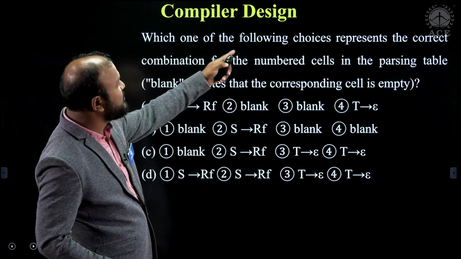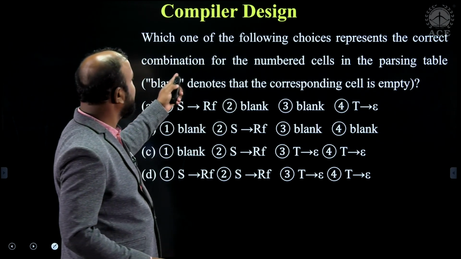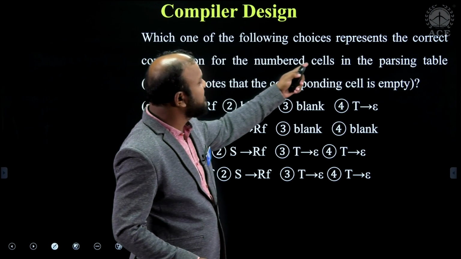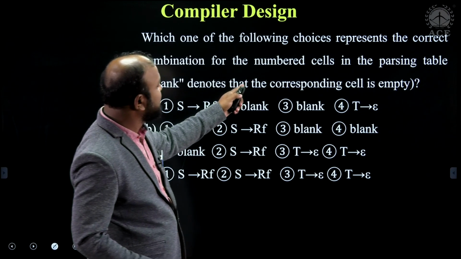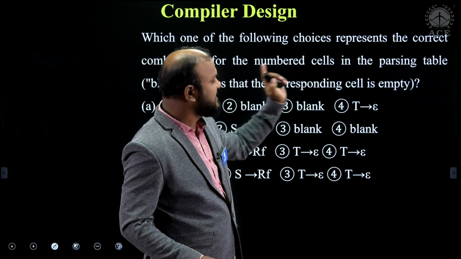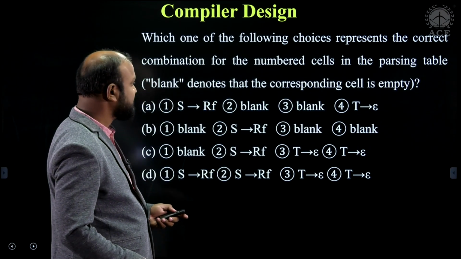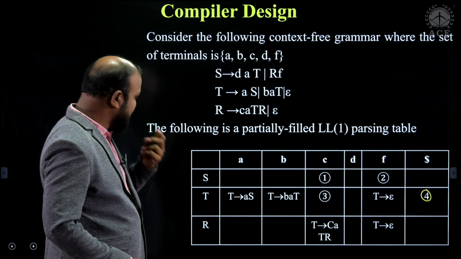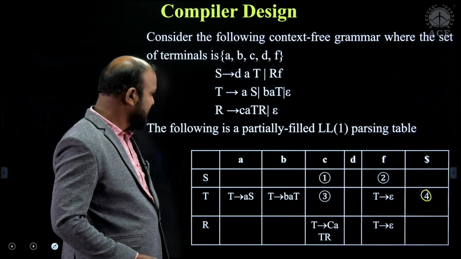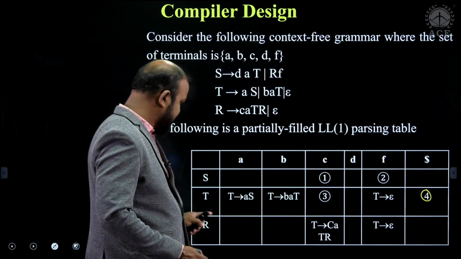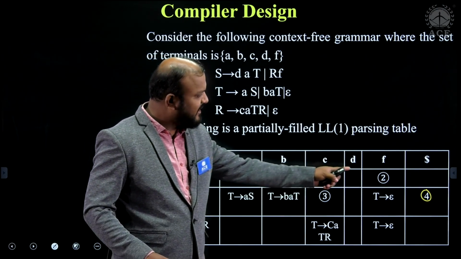Which one of the following choices represents the correct combination for the numbered cells in the parsing table? Here blank denotes that the corresponding cell is empty. Okay. Now we should observe what is possible in the S row C column, S row F column, similarly T row C column and T row dollar column.